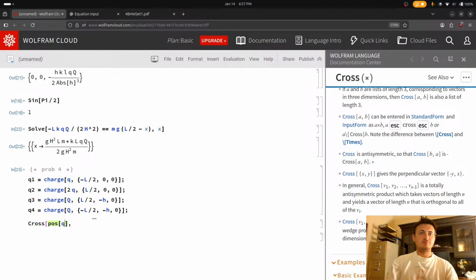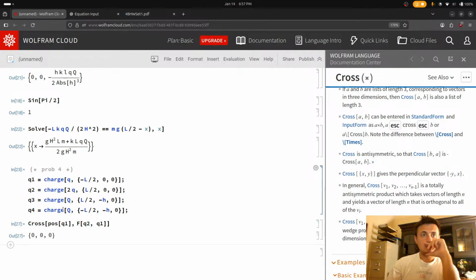So let's not pattern this. Let's just say Q1. So it's the position of Q1, and it's the force of Q2 on Q1. Well, that's not right at all. That's definitely wrong, because there should be a non-zero torque there. Oh wait, actually, that is going to be a zero torque.